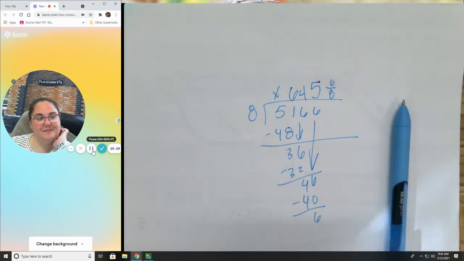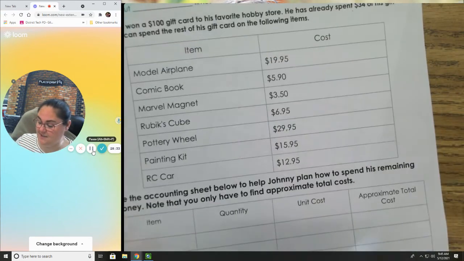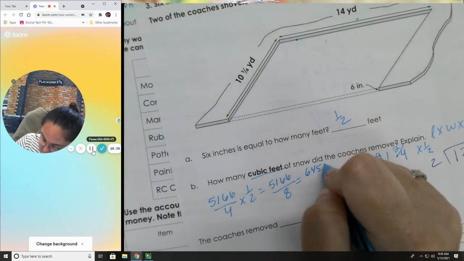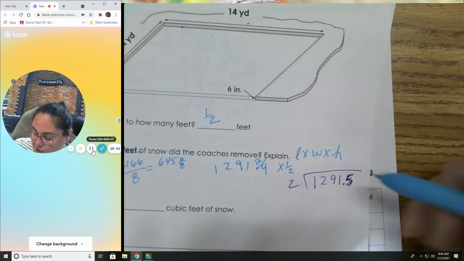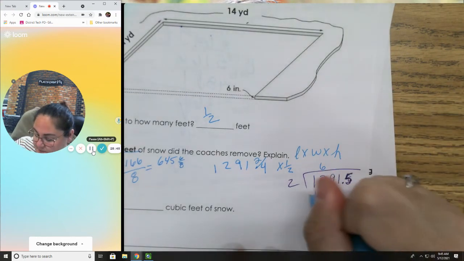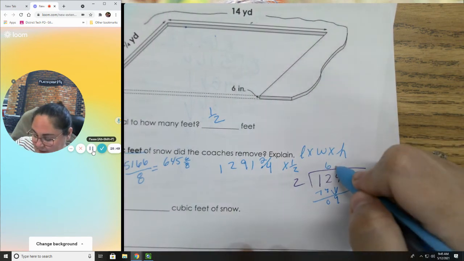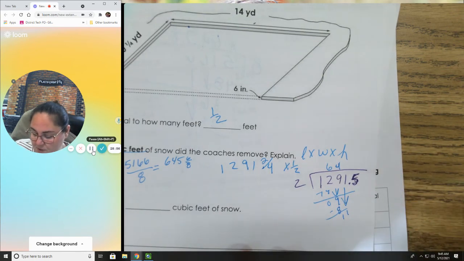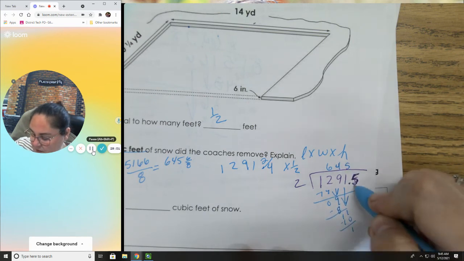Let me see if I'm right. All right, 645 and 6/8 is what we think the answer will be. Let's check. 2 goes into 12 6 times. 0 left over. 2 goes into 9 4 times. 1 left over. 2 goes into 11 5 times. 1 left over.